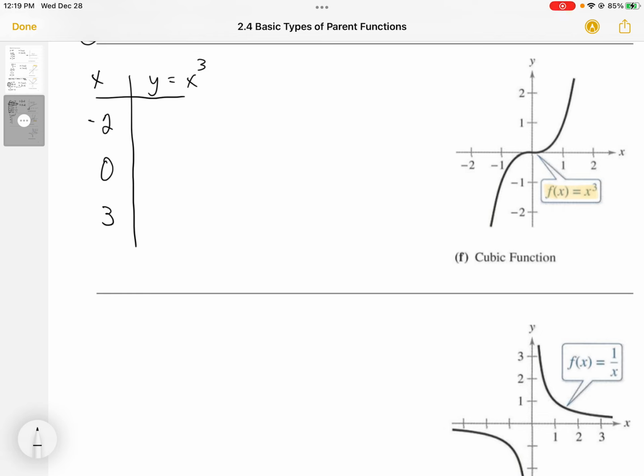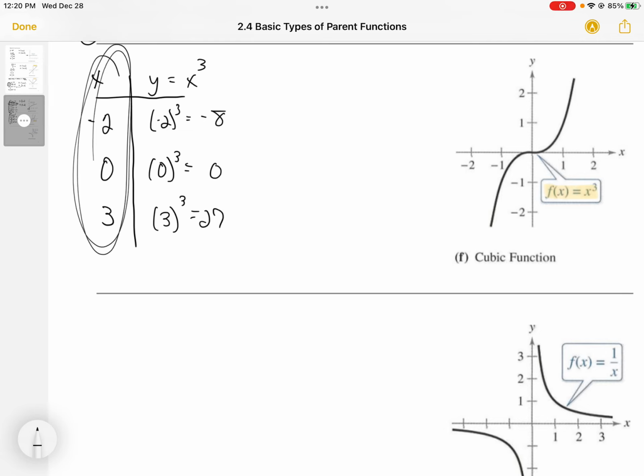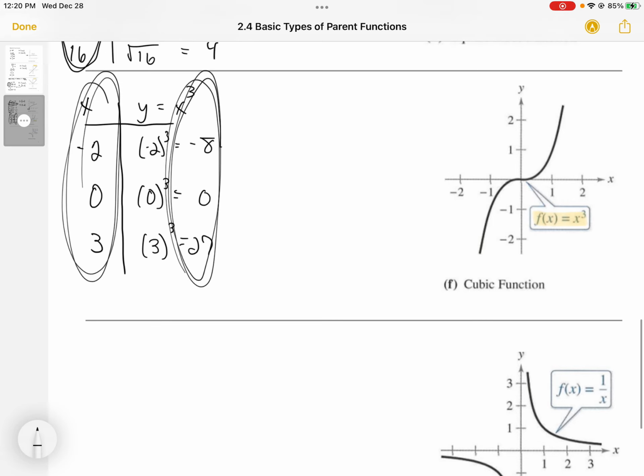When x is negative 2, y is going to be negative 8. When x is 0, we get 0. When x is 3, we get 27. So notice, negative values work for our inputs, and our outputs have negative values and positive values also. So our domain and range here are going to be all real numbers.